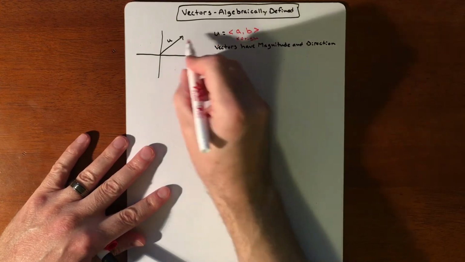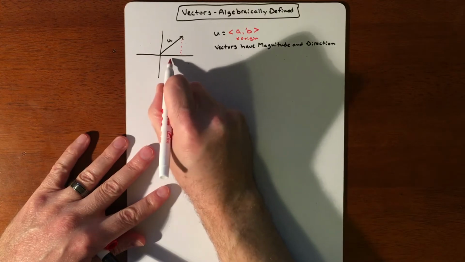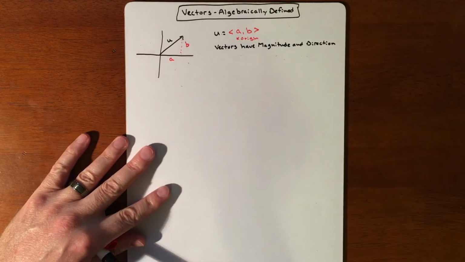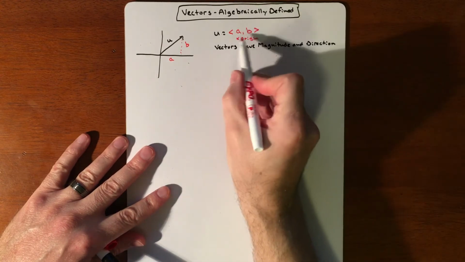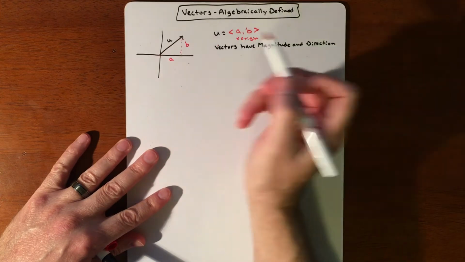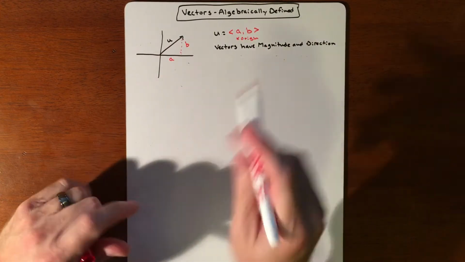And basically a and b are like a coordinate, because you're just talking about a horizontal distance out, which is a, and then a vertical distance up, which is b. So you can really think of this as a coordinate, but it's always going to be that coordinate from the origin.